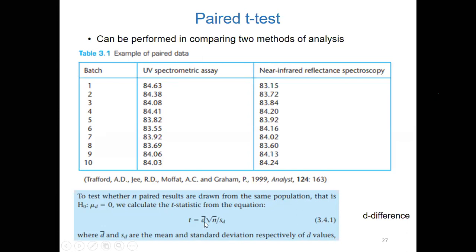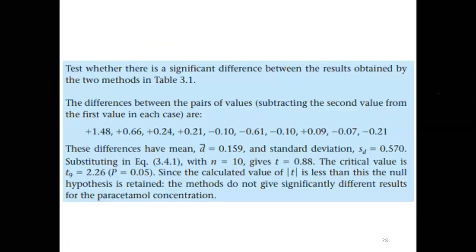Here we use the mean difference, and n, and the standard deviation of the difference. D bar is the mean and s_d is the standard deviation of the difference. Let's explain this using the example here.